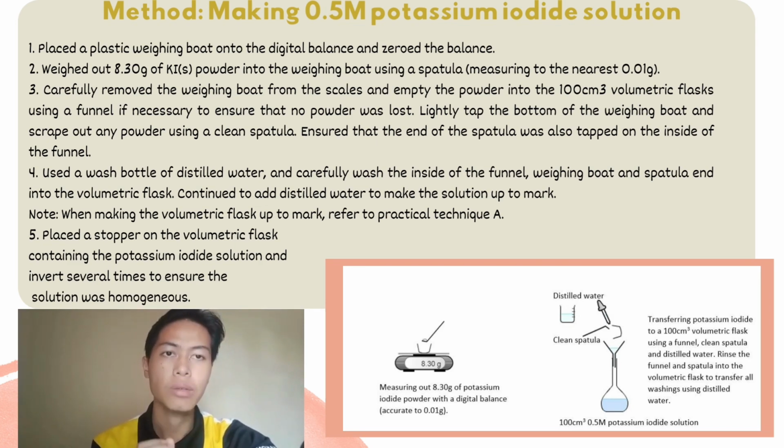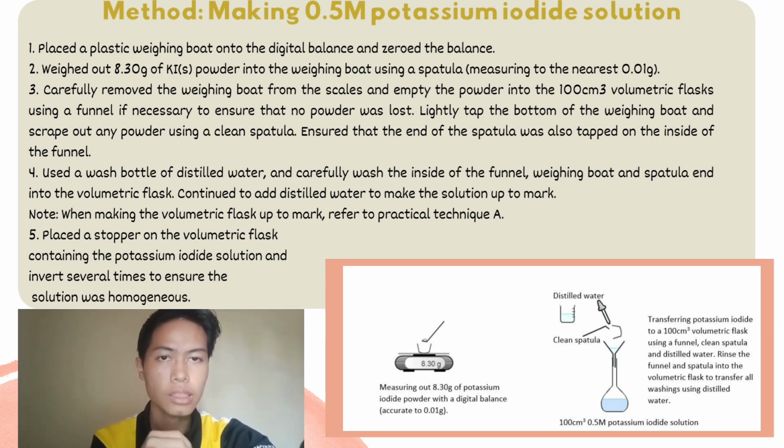Lightly tap the bottom of the weighing boat and scrape out any powder using a clean spatula. Ensure that the end of the spatula is also tapped on the inside of the funnel. Use a wash bottle of distilled water and carefully wash the inside of the funnel, weighing boat and spatula into the volumetric flask.